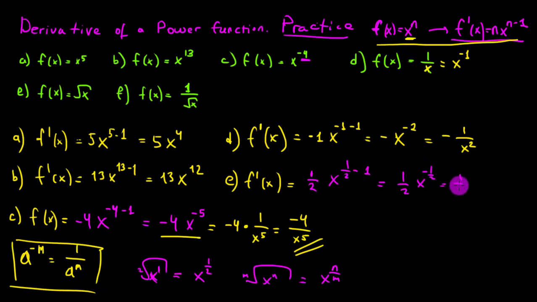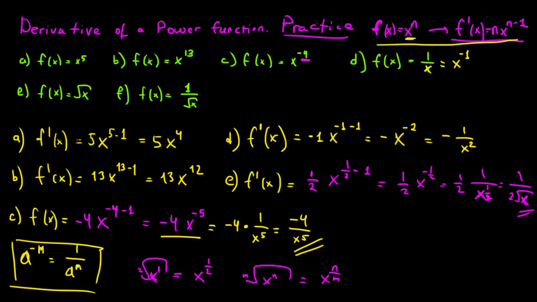Then this one goes to the denominator, and it will be x to the power of 1 over 2, which we know is square root of x. So it will be 1 over 2 times square root x. That's the answer.